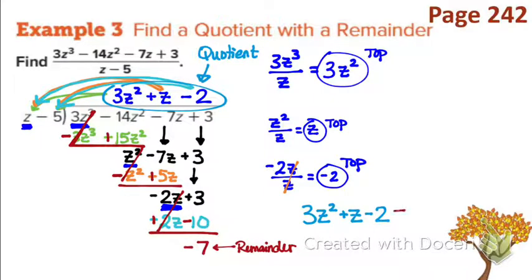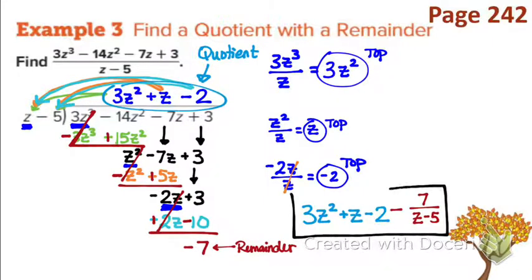So it's going to be minus 7 over z minus 5. Minus here because the 7 was a negative. If it was a positive remainder, I would have a plus. So here's my quotient. And here's my remainder.